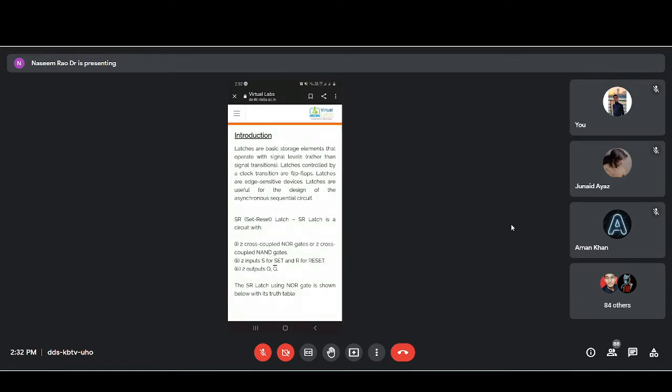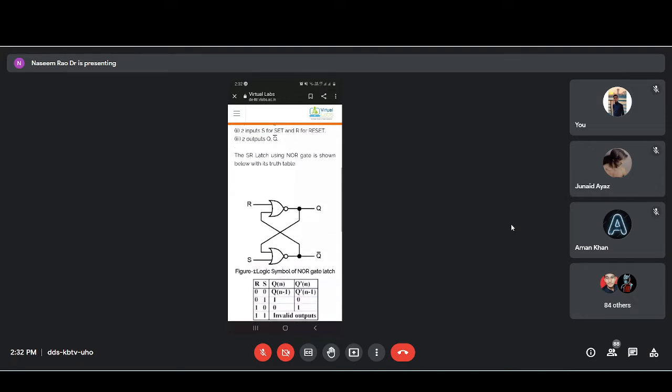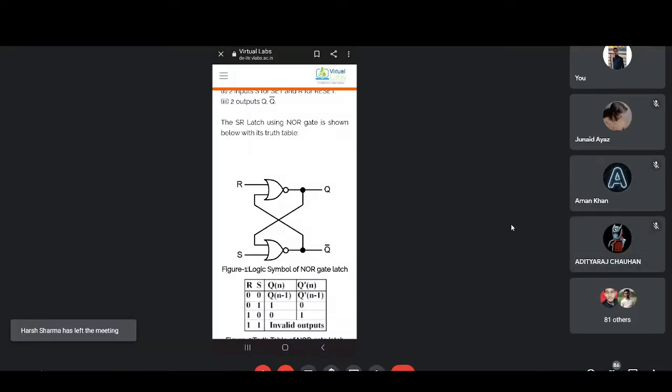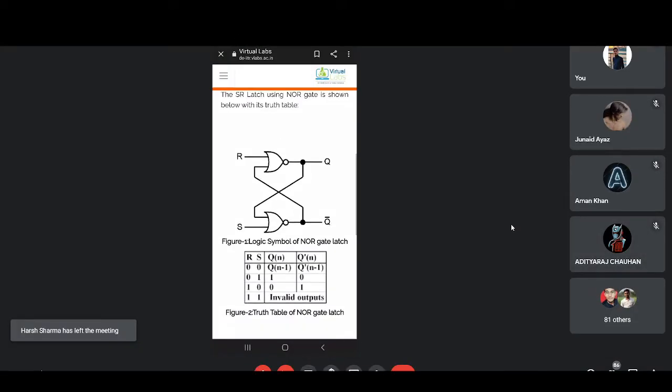So I think this is the circuit diagram of the RS latch and flip flop. Both have the same excitation table, same truth table, same function, same behavior. The only difference is that whenever I say flip flop instead of latch, don't get confused.